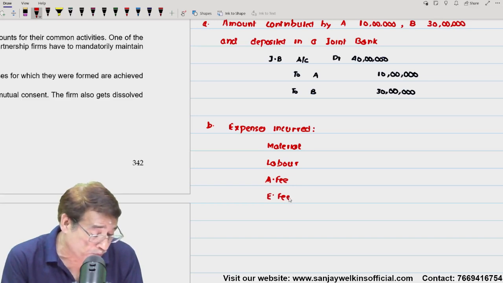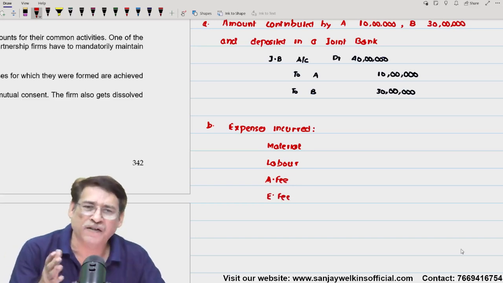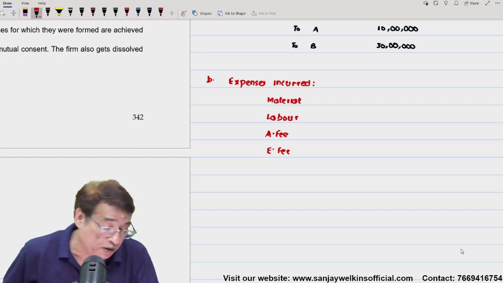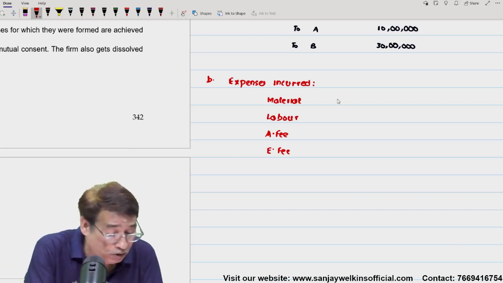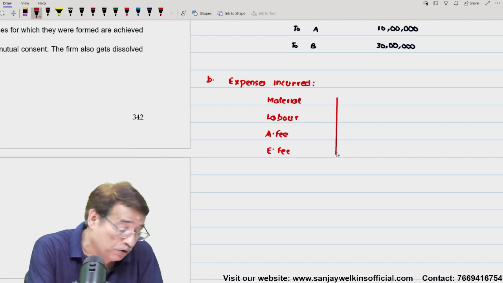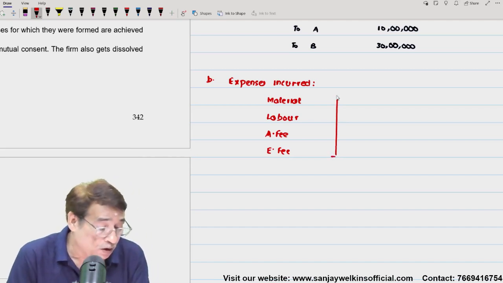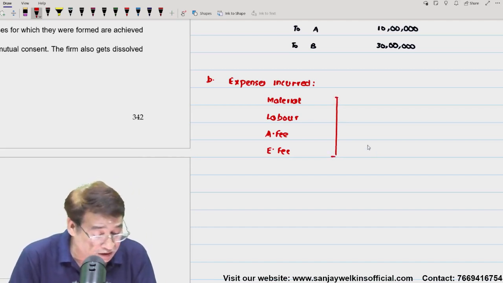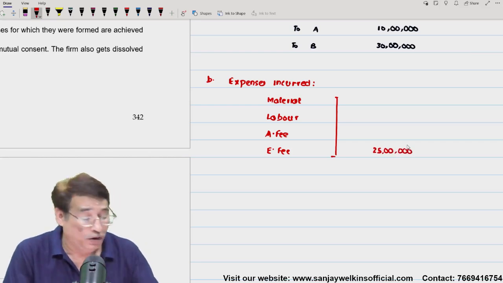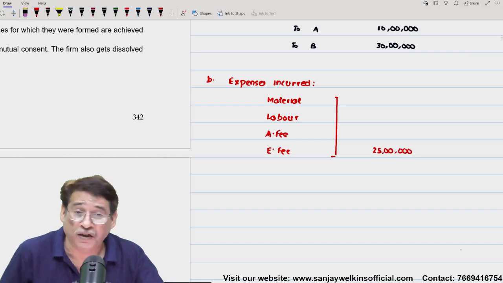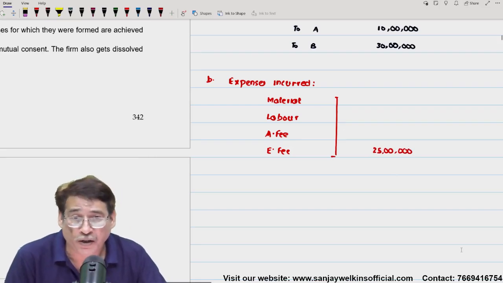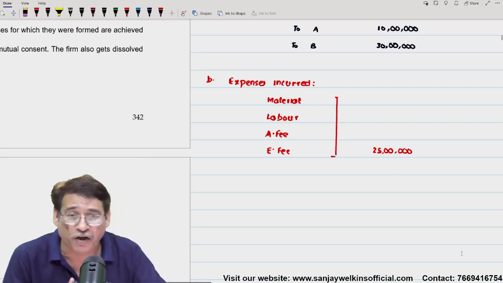So lots of expenses, foreman salary, etc. Expenses could be in any manner. Let us say total expenditure incurred is equal to, in fact, 25 lakh. 25 lakh is the total amount of expenses incurred by both these co-venturers A and B. Obviously, they are going to construct the bridge, so they will have to incur some expenses, isn't it?